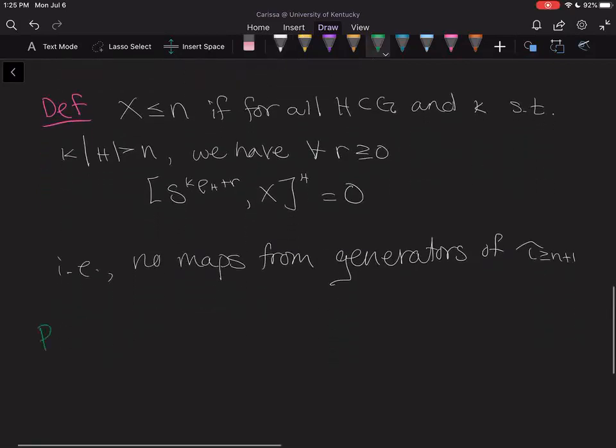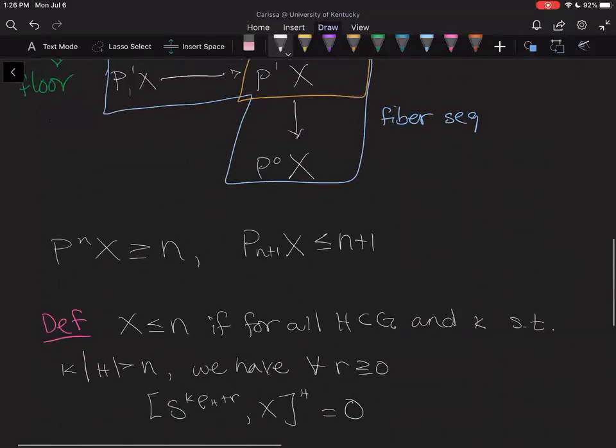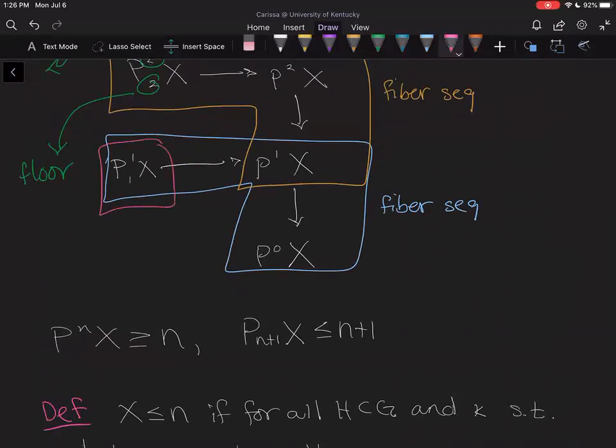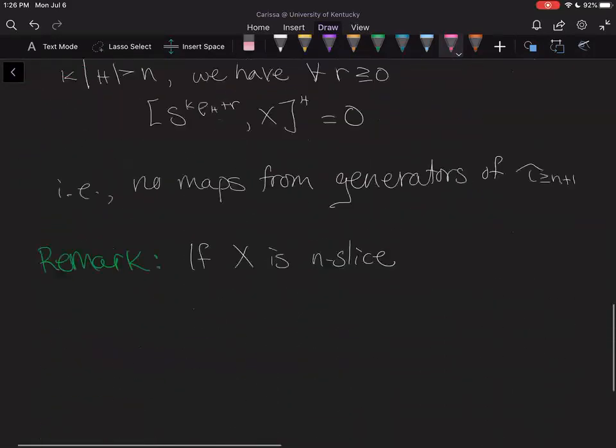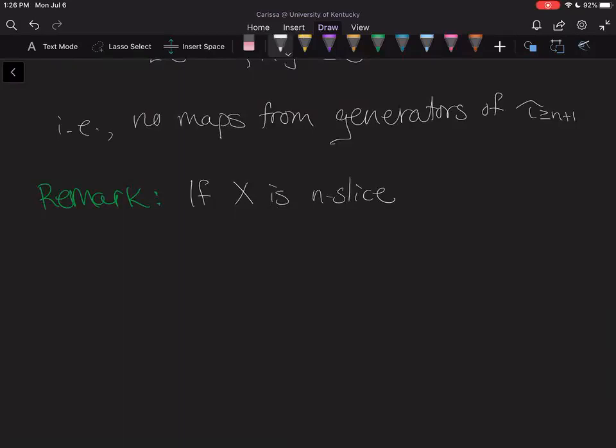One thing to keep in mind is that these fibers are the n slices, or the irreducible pieces that we want to find. So if x is an n slice, i.e. it's equal to a fiber, then x is both at least n and no bigger than n.